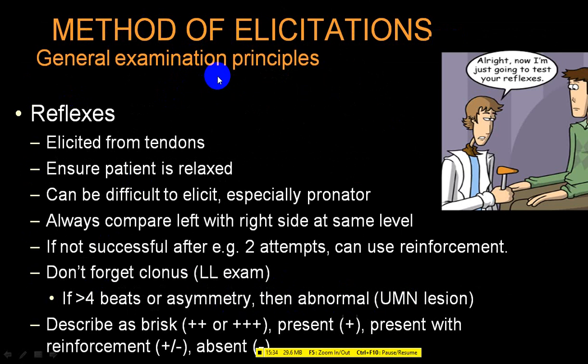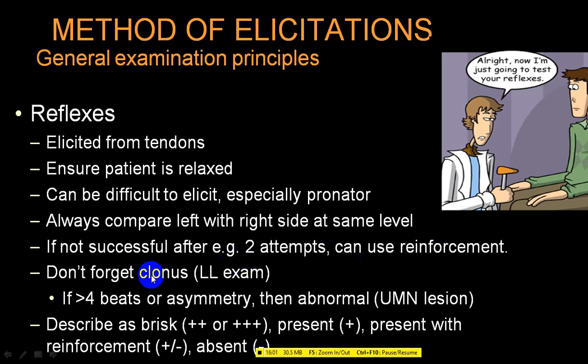Now when you want to elicit the deep tendon reflex, first explain to the person, ensure the person is relaxed. It can be difficult to elicit, especially if the person is non-cooperative. Always compare right with left side. If not successful after 1 or 2 attempts, you can use reinforcement.